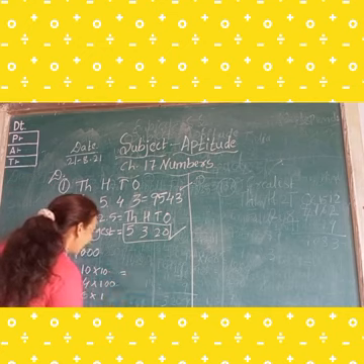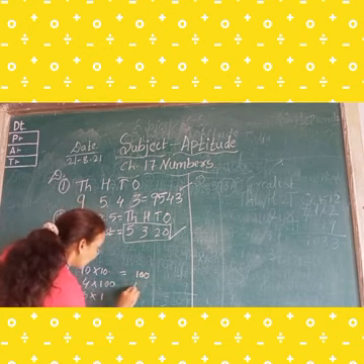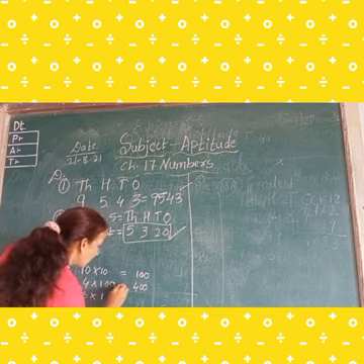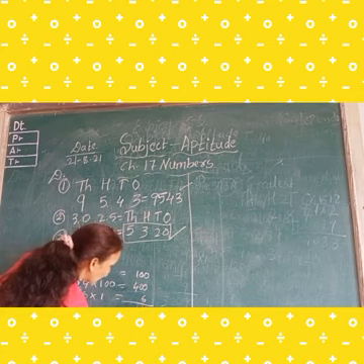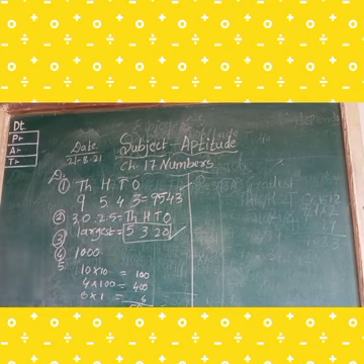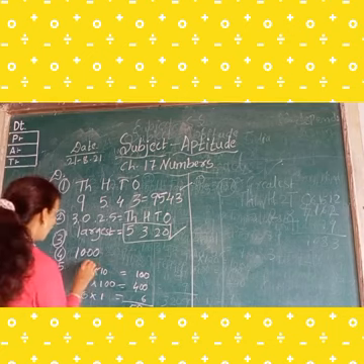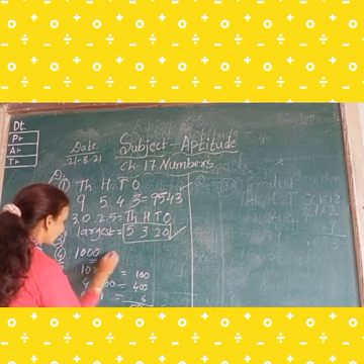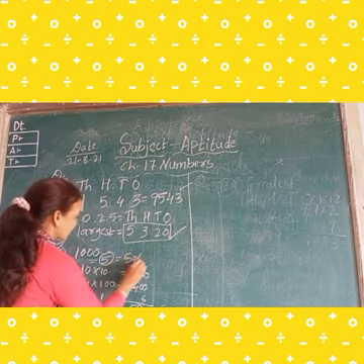Okay, 10 tens means 100. 4 hundreds means 400. Then 6 ones means 6. So our answer is 506. Our answer is number 5, 506.